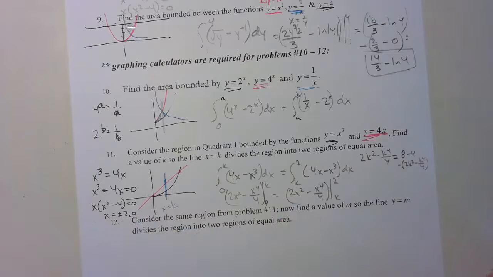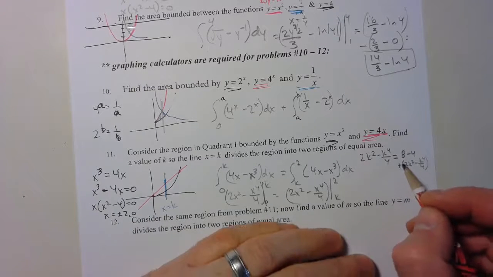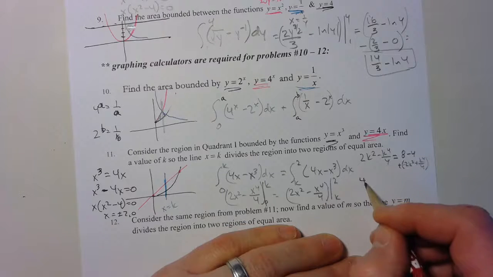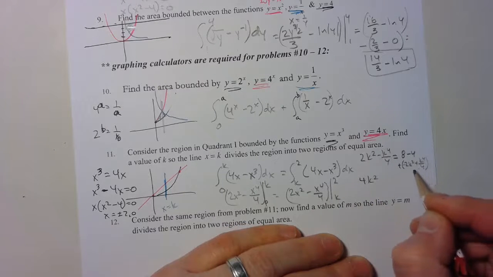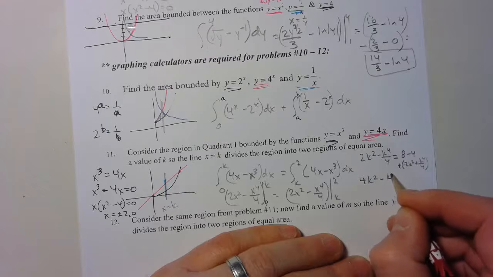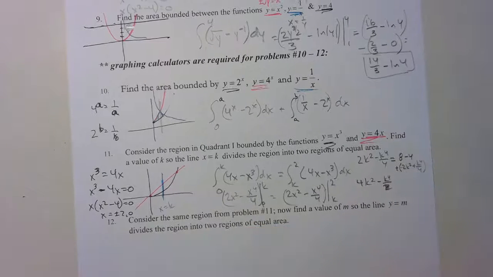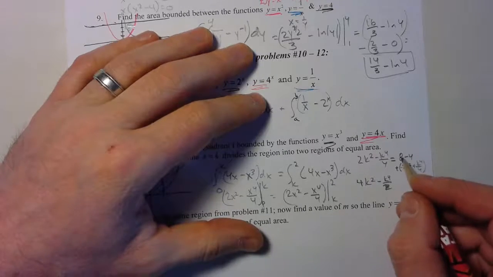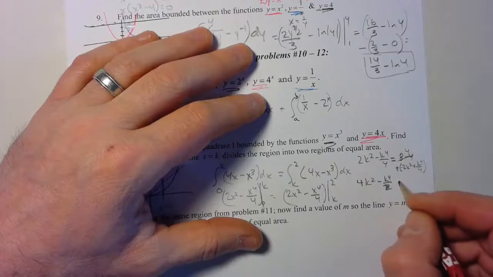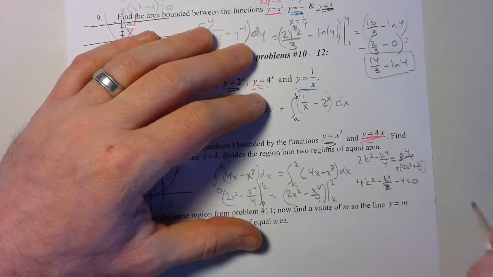So if I distribute the negative and move that over, I get 4k squared minus k to the 4th over 2, because you add a quarter and a quarter and that gives you 1/2, and this is equal to 4, so I'll move this over here, minus 4 equals 0.